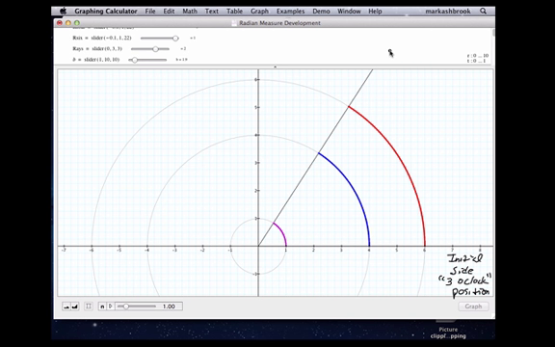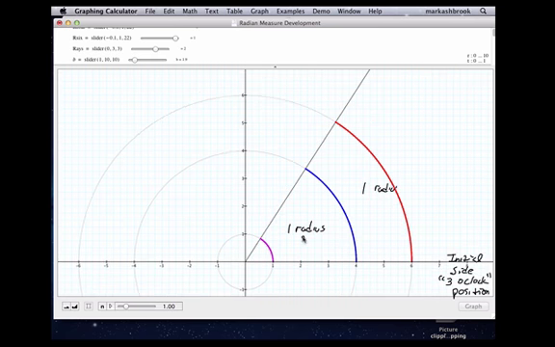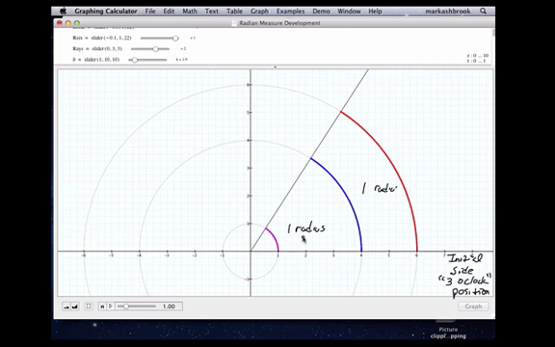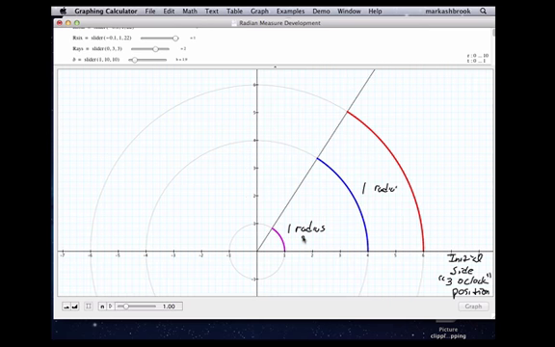We say the lengths of the rays are proportional to each other.